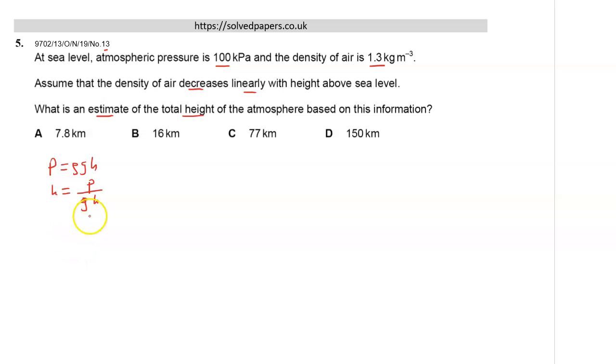We are told here the air density decreases linearly as height increases.